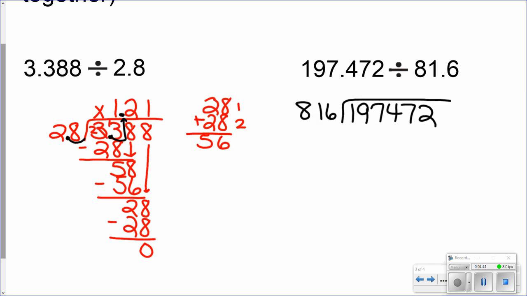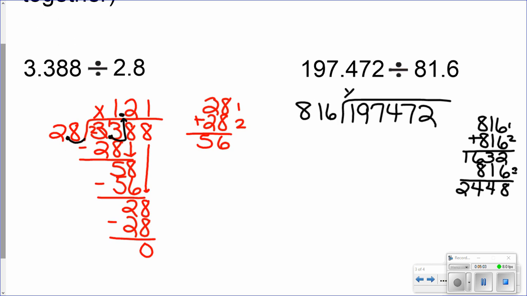Okay, so we're actually dividing by 816, so I'm going to start my list. 816 does not go into 1, does not go into 19, does not go into 197. It goes into 1,974 twice.